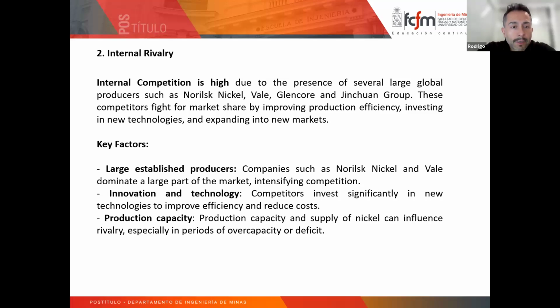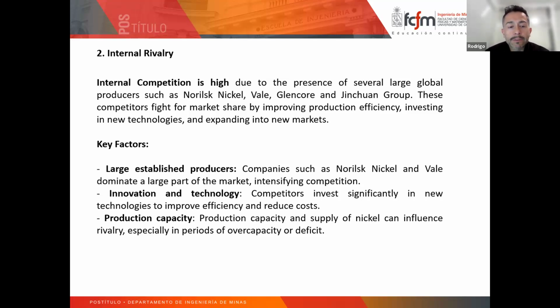The key factor about the internal rivalry is large established producers. Companies such as Norilsk Nickel and Vale dominate a large part of the market, and that is the reason for the intensifying competition with BHP. The second key factor is innovation and technologies.